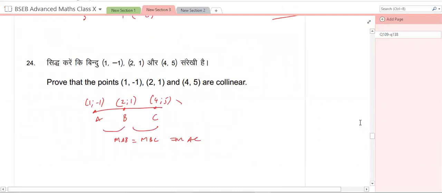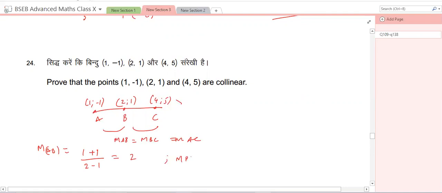So the gradient of AB is equal to 1 plus 1 over 2 minus 1, which is equal to 2.